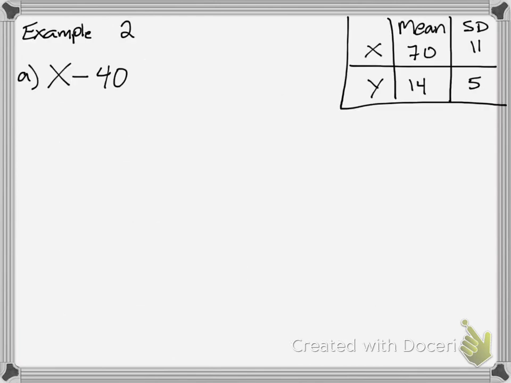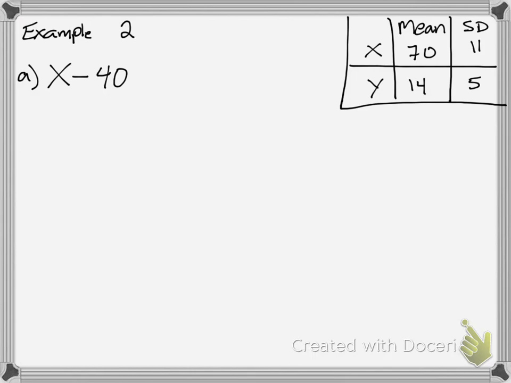Alright, I want to skip to example 2 first. We're given two random variables, X and Y, and we're given the means and standard deviations. For part A, it's asking us for X minus 40, and we want to find the standard deviation and the mean of this variable.